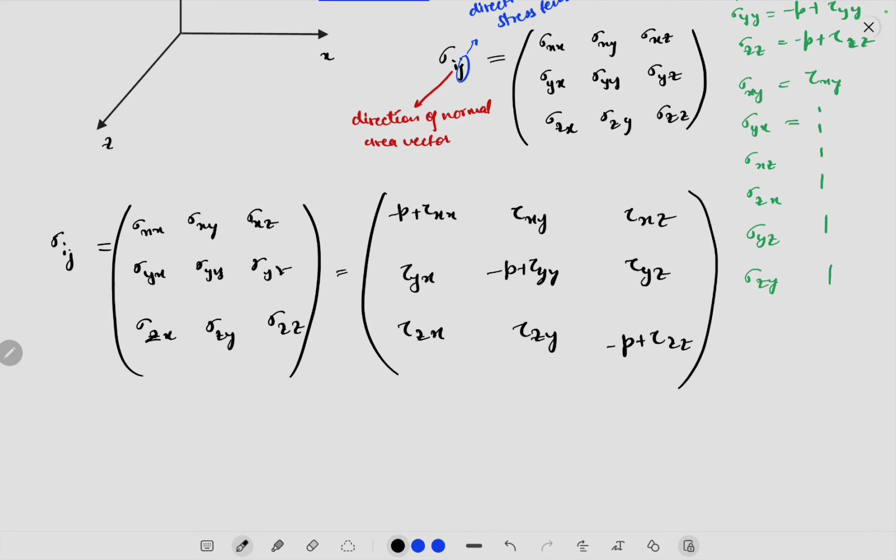This is my total stress tensor in terms of tau and p.